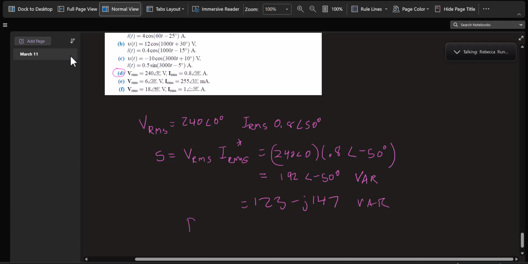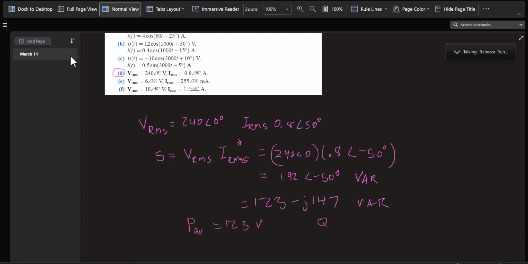So that means my real average power is 123 watts, and my reactive power is minus 147 VA. So that's how I do it.